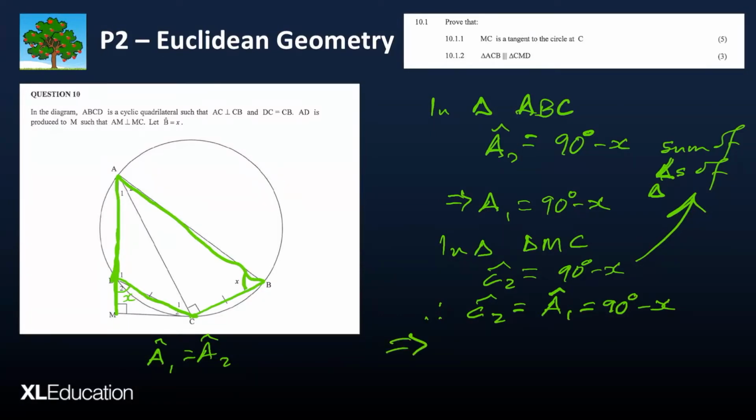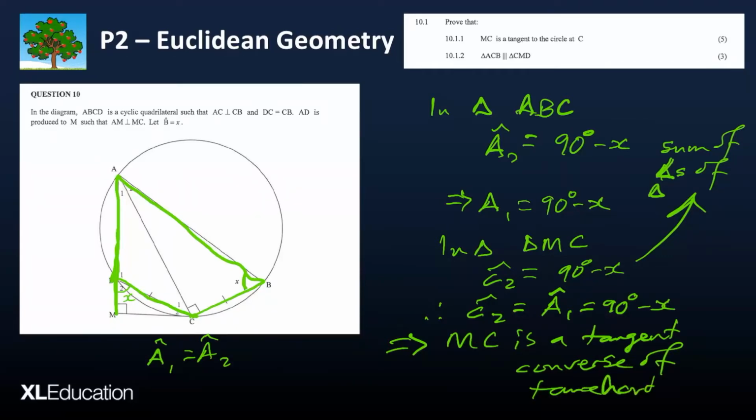This implies that MC is a tangent. Reason is converse of tan chord theorem.